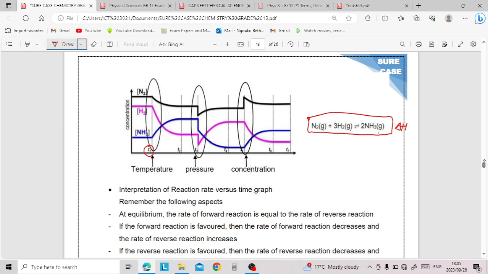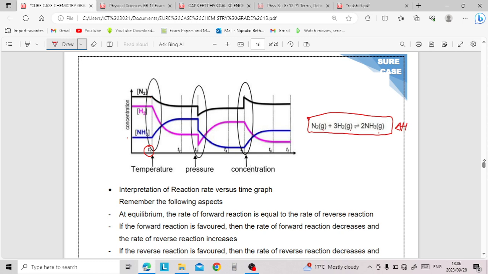Looking at that again, N2 and H2 are our reactants, and this one is coming from our products. In this case we run equally, but once we add this one, some of the things will need to be used up. For temperature, you cannot tell, because this is exothermic or endothermic. We'll come back to it maybe later on in the questions.